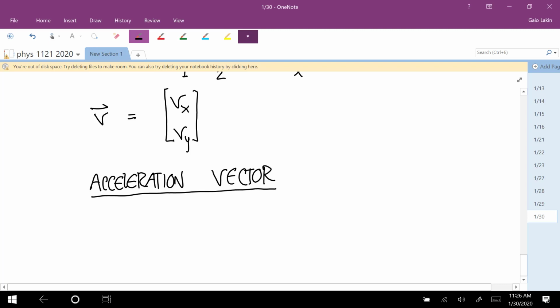The definition of the acceleration vector as a function of time is the time derivative of the velocity vector as a function of time, which is the second time derivative of the position vector.